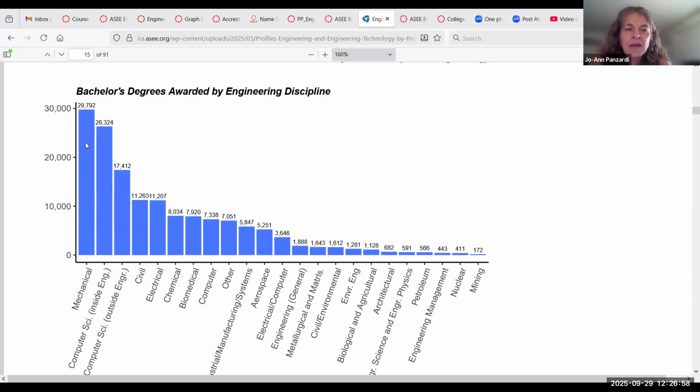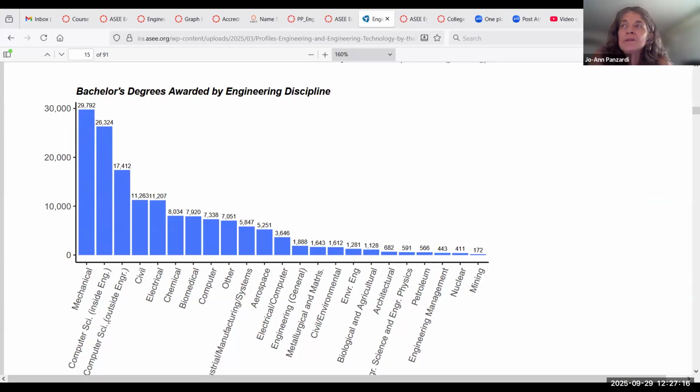So you could see that mechanical engineering is the most popular engineering major, with computer science as the second most popular. And when it says computer science outside engineering, it's typically a university that does not have an engineering program.